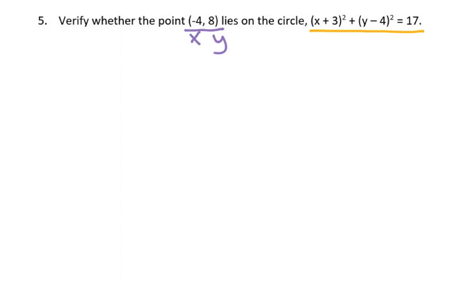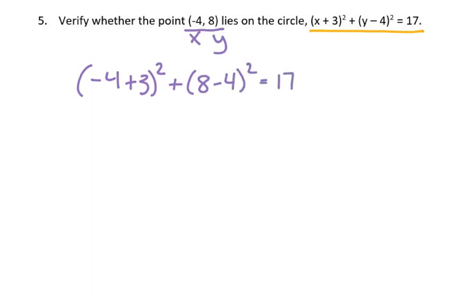I'm going to get (-4 + 3) squared plus (8 - 4) squared is equal to 17. As I simplify this, -4 plus 3 gives me -1 squared, plus 8 minus 4 is 4 squared, is equal to 17.